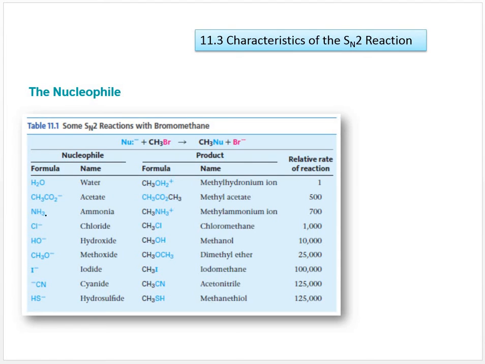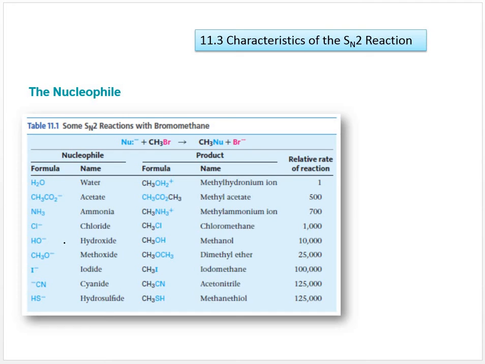So if you are more basic, generally you are a better nucleophile. How do we understand? Look here. Hydroxide reacts 10 times and acetate 500 times faster with respect to water. And we can also compare the basicity of water and hydroxide. Water is a weak base, hydroxide is a strong base. You see it's 10,000 times faster if you are more basic. So that's the first effect.